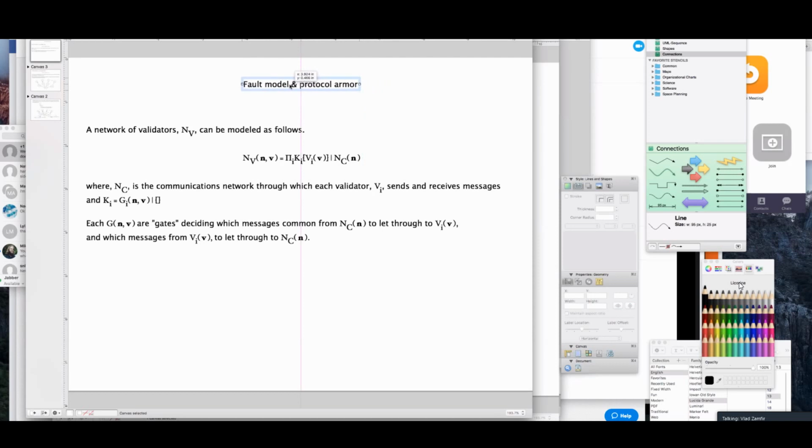So I started off with the protocol armor to try to see what's the most possible information about Byzantine faults that I could infer from an arbitrary protocol. And then I decided to look at faults from a more behavioral point of view. Mm-hmm.